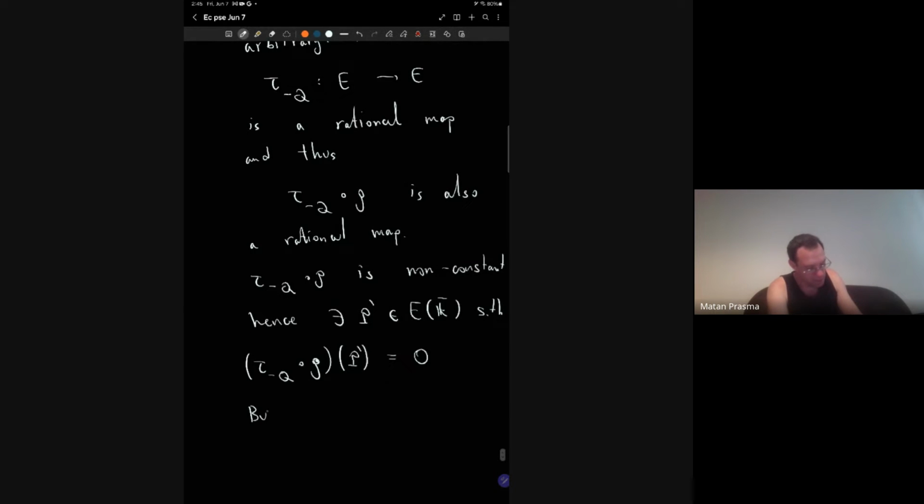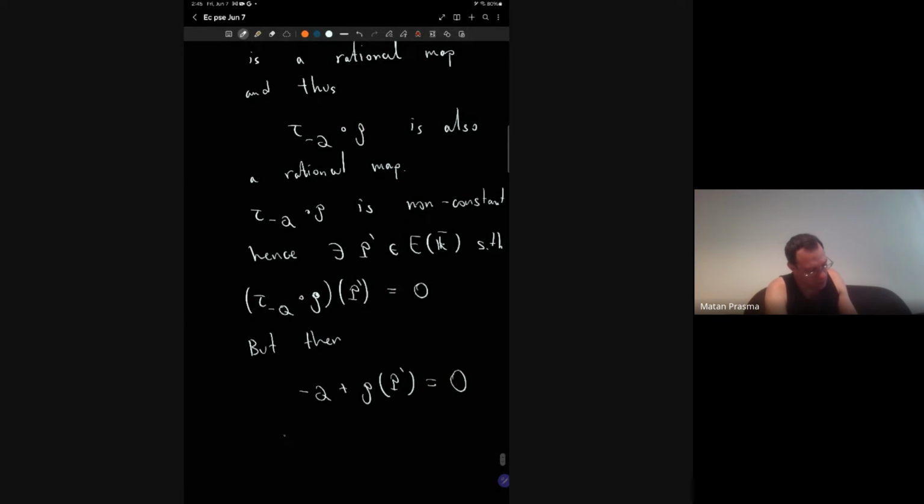But then, what is tau minus Q composed with rho? It means that minus Q plus rho of P prime is equal to O, which is the same as saying that rho of P prime is equal to minus 2Q.